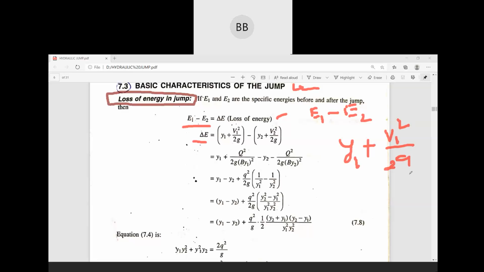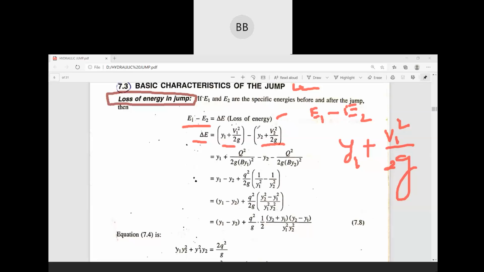So for E1, in supercritical, the depth of flow is y1, so we write y1 plus V1 square by twice g, minus, for E2, y2 plus V2 square by twice g.